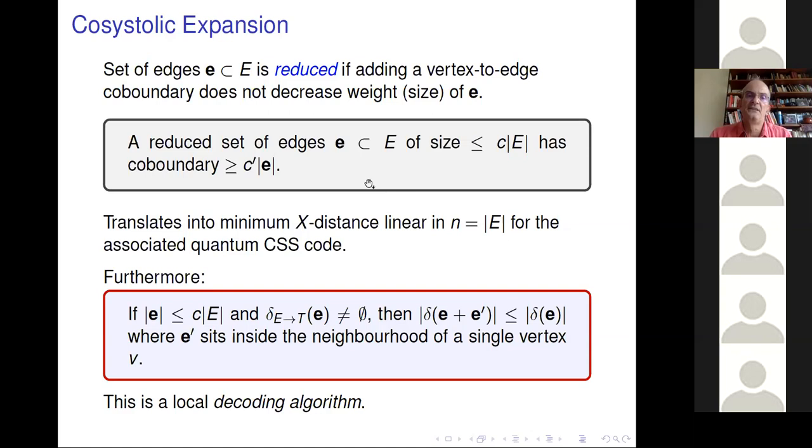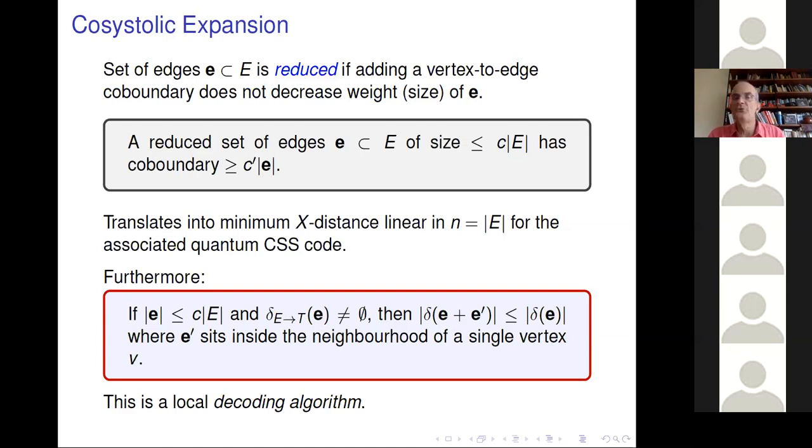And it means this: if you take a set of edges of size smaller than something, which is going to be linear in the total number of edges, and if you furthermore reduce your set of edges, meaning that you will add to it co-boundaries in the vertex-to-edge sense.